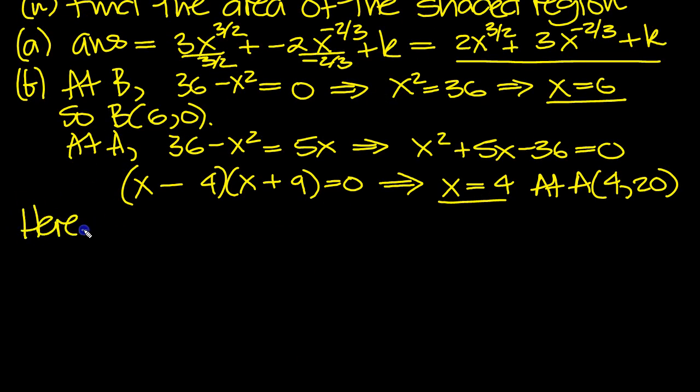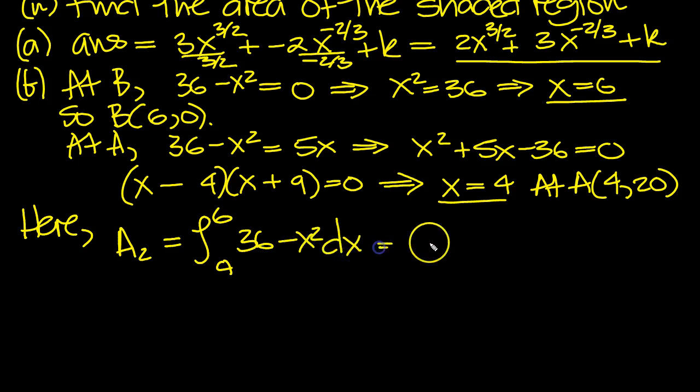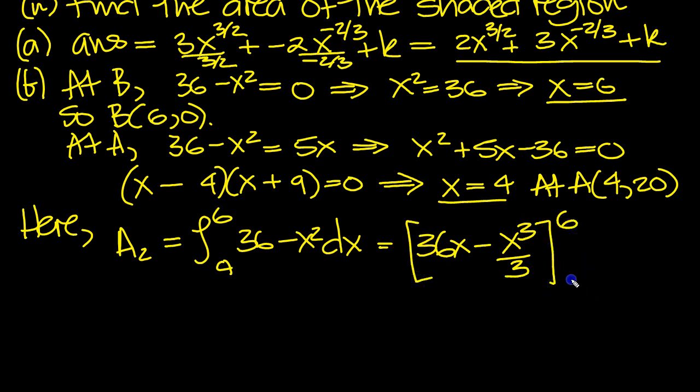So here, area 2 is equal to the integral between 4 and 6 of the 36 minus x squared dx. Integrate then, 36x it will be, minus raise the power by 1 to cubed and divide by that number. Between 6 and 4, so it's top value take bottom, isn't it?